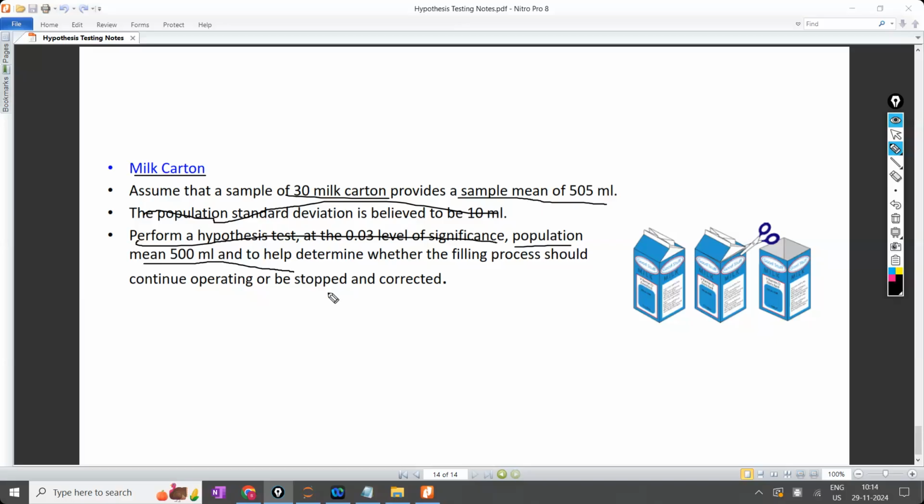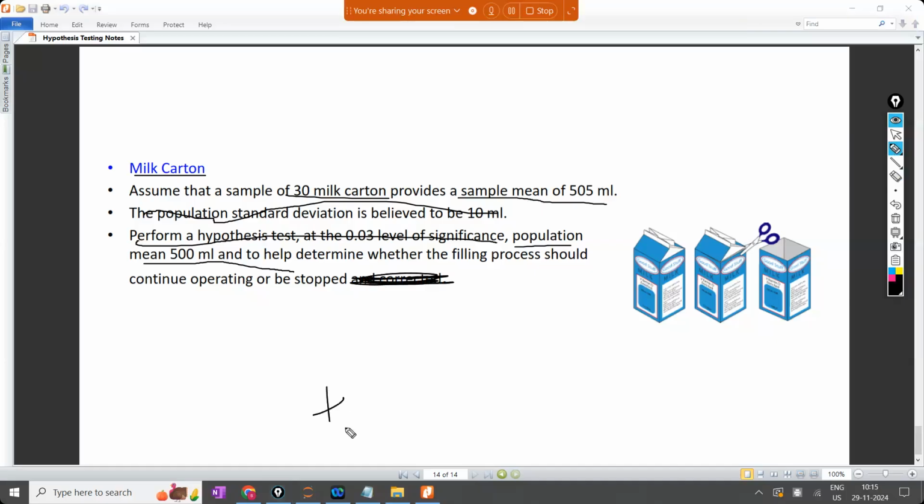Now they have to perform the hypothesis test, and from that conclude whether the filling has to be continued or stopped. Up to here the question is given, and this is decided by the inspector. Inspector is checking. According to the inspector, when will he take the action, and when will he not take action?